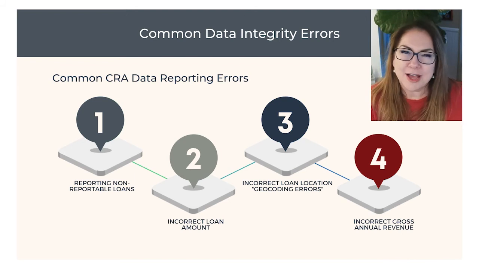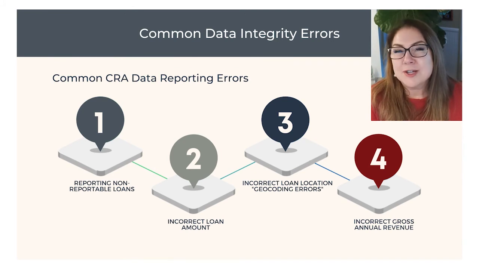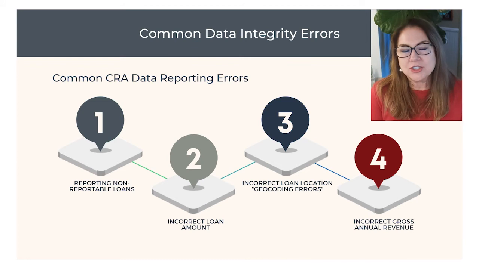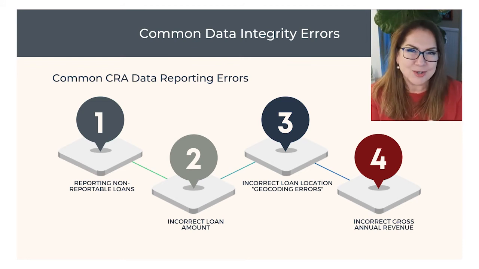The last common mistake, of course, is the incorrect gross annual revenue, the GAR, right? So you really want to make sure that we really look at the gross annual revenue and not net. So very important.